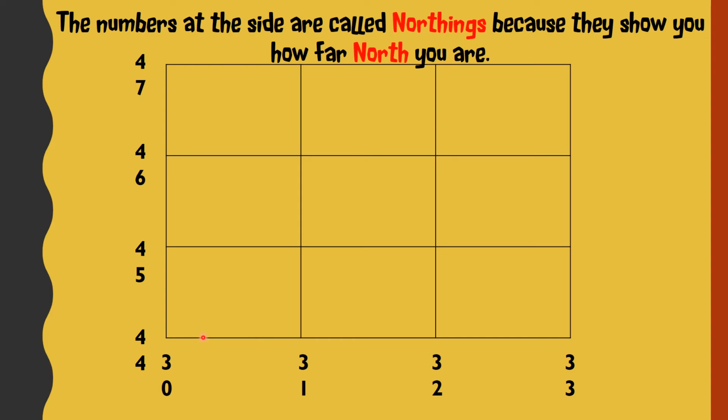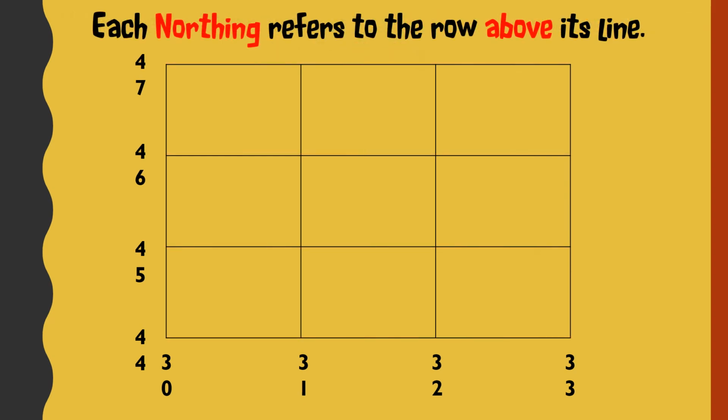Anything from this bottom line up to here would have the northing of 44. Anything from here to here has the northing of 45. Anything from here to here is 46. And then if we had another square above, it would be a northing of 47.